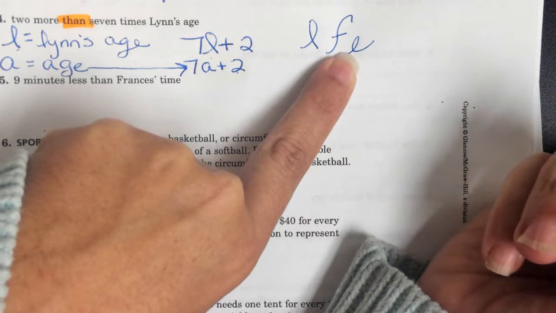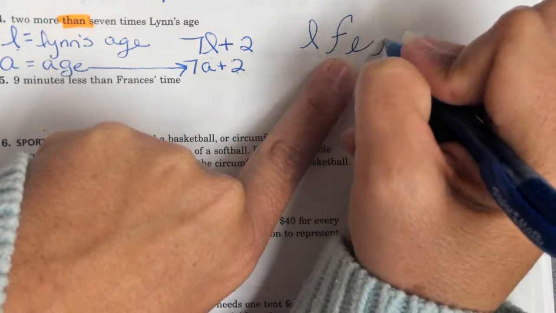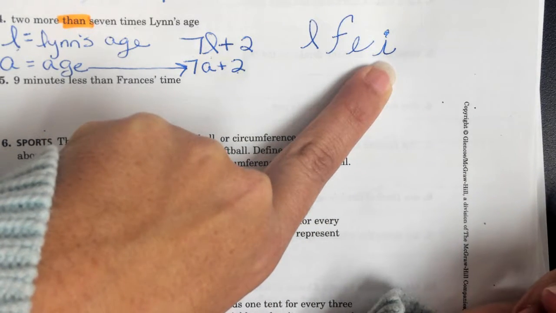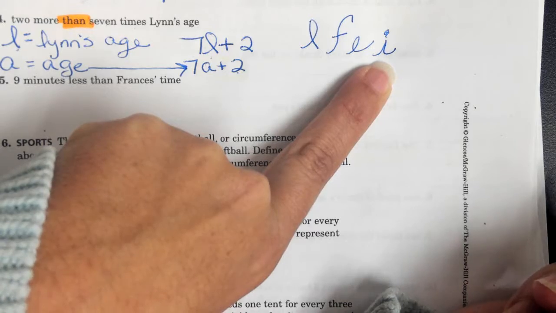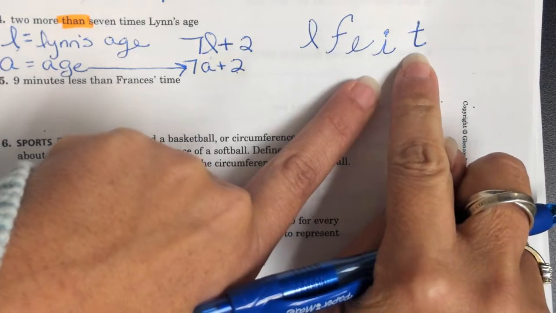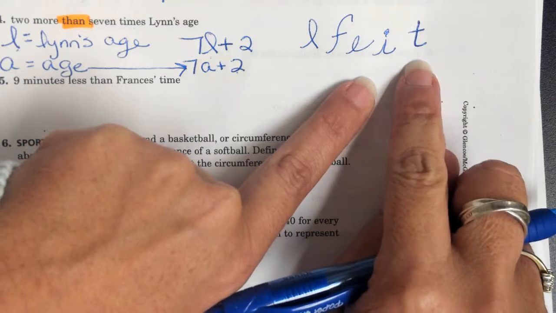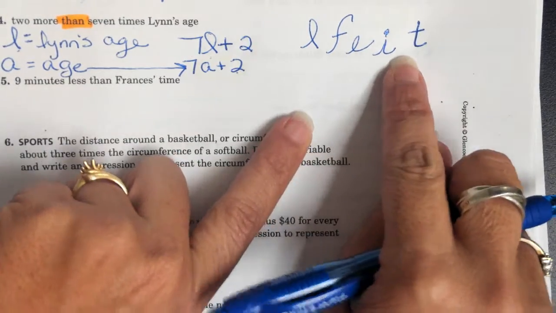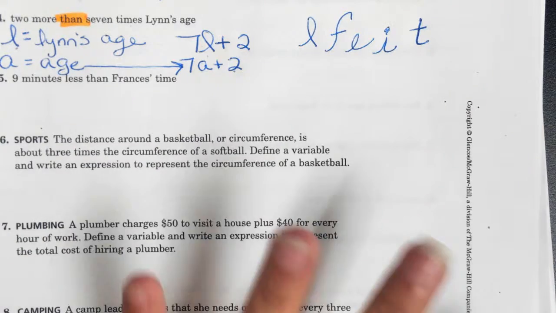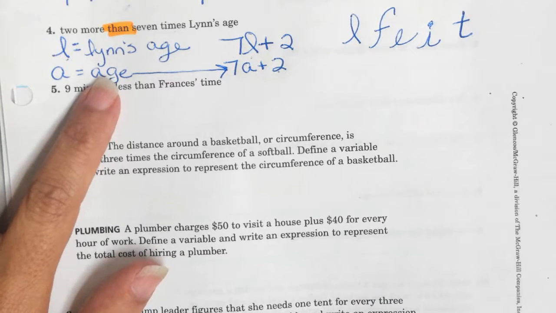E is usually cursive-y. I want to say there's one more and I can't remember what it is. T is the other weird one because they put a little loop on the end of it. That's the way my mom and grandparents grew up writing T's. All variables do need to be lowercase, and if you define them, which is the first step, I can figure out what you mean, usually. Okay?